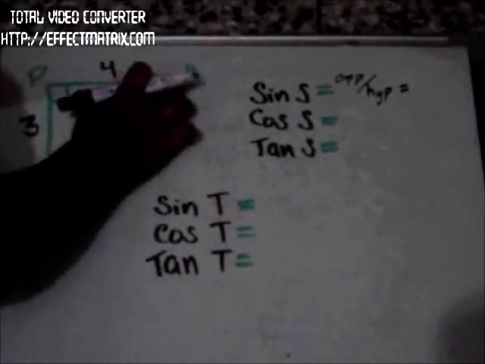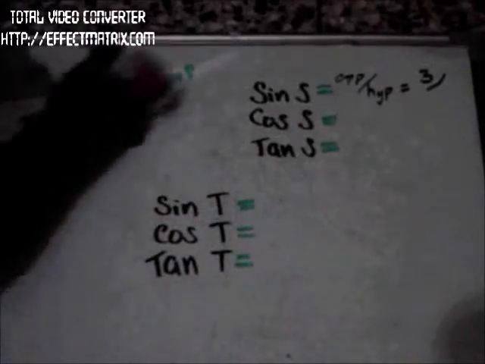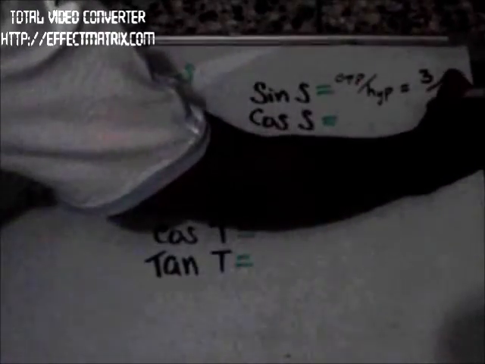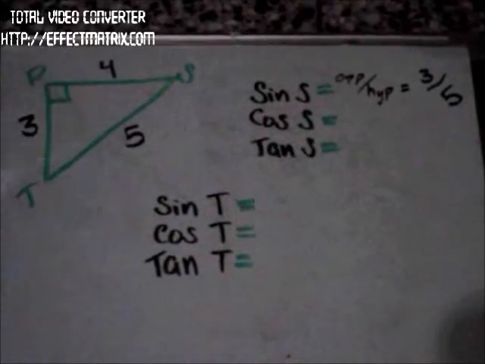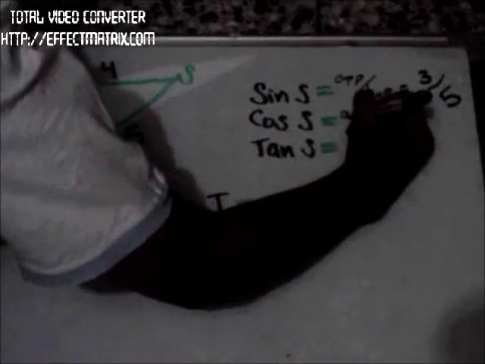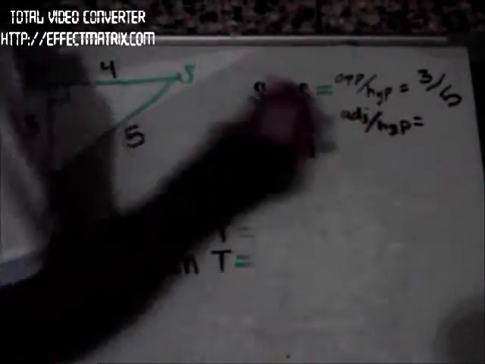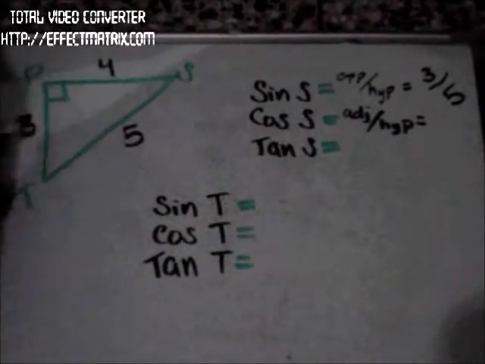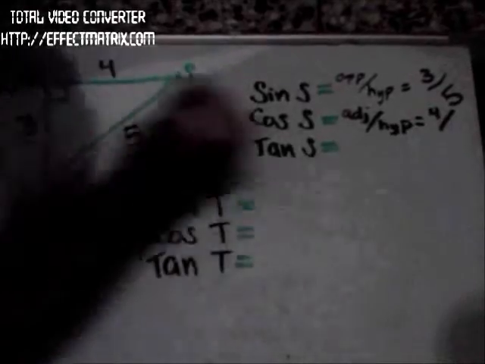So, the opposite side of S is 3. The hypotenuse of the triangle is 5. Cosine of S. Cosine is adjacent over hypotenuse. The adjacent side of S is 4. And the hypotenuse again is 5.